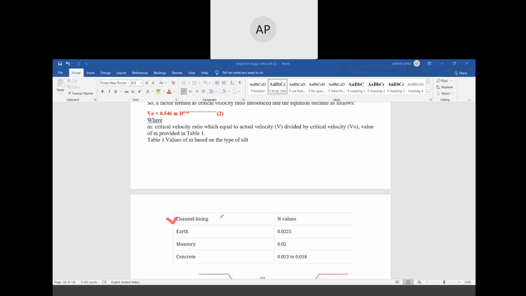That means the types of lining and the values of m. Okay, the table shows values of m based on the type of lining.